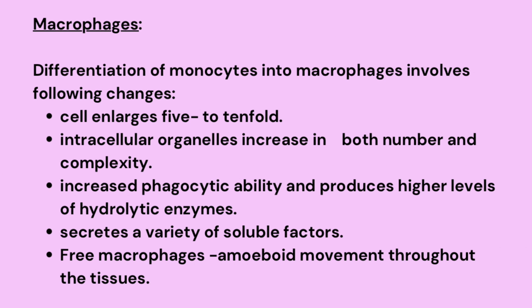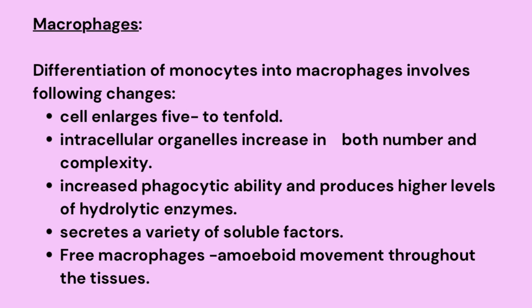Macrophages. We said earlier that when monocytes enter into tissues, they differentiate into macrophages and dendritic cells. This differentiation of monocytes into macrophages involves certain changes. The cell enlarges 5 to 10-fold. Intracellular organelles increase in both number and complexity. Their phagocytic ability increases.